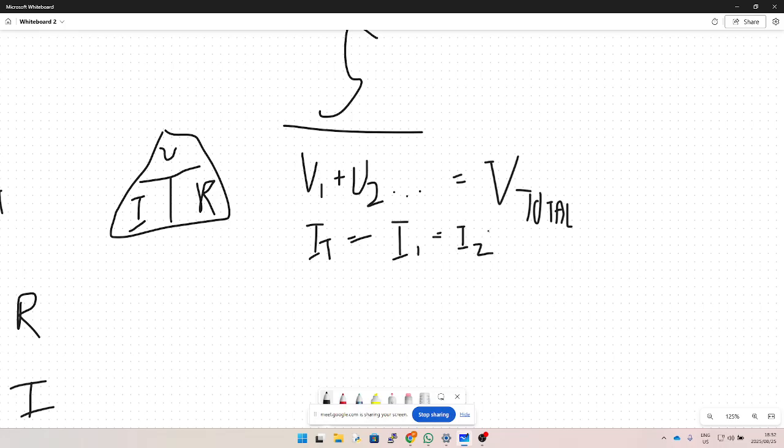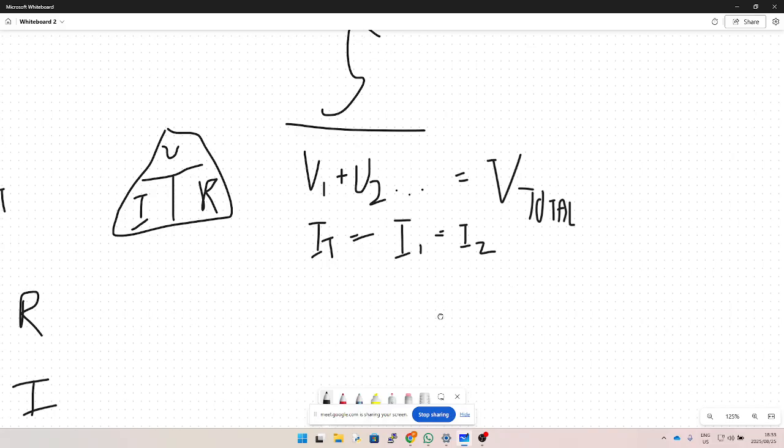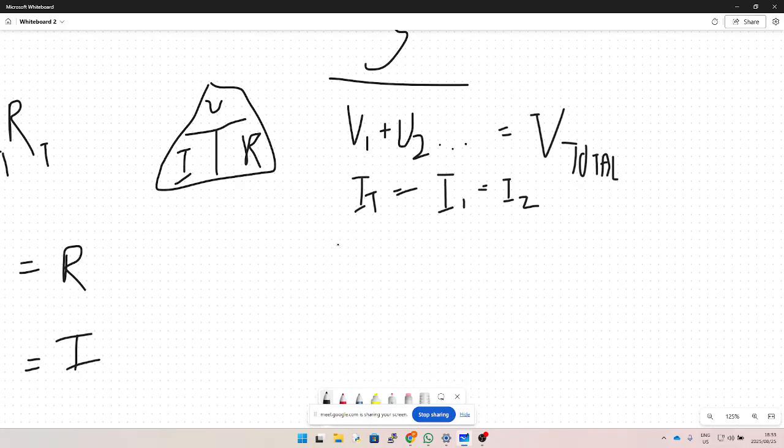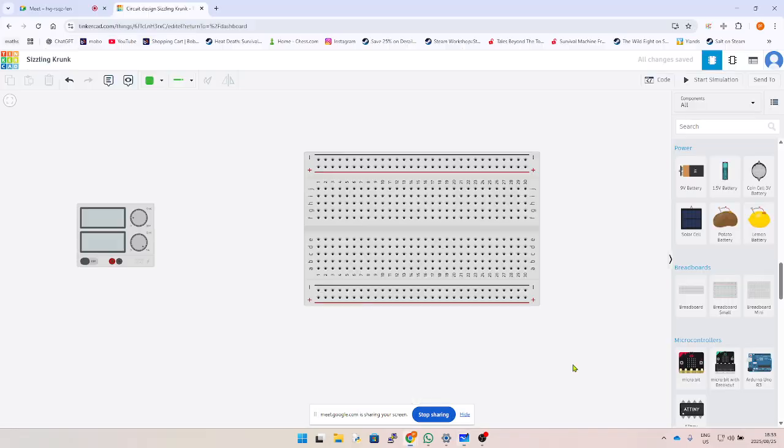No matter where you measure your amperage on the circuit, it will always read the same amps. Your resistance is the same as voltage: your R total is equal to your R1 plus your R2 plus R3 and so on. If I have three resistors, I add them up and I get the total resistance.